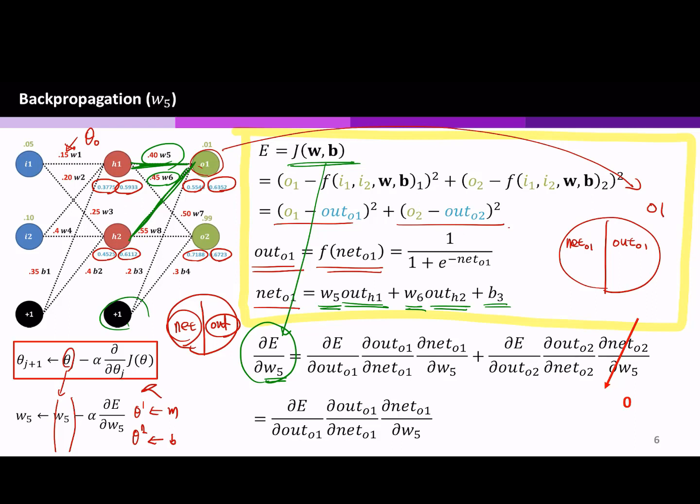So if you update W5, you're going to compute the partial derivative of J with respect to W5. We're going to find this value, and here's the learning rate, right?